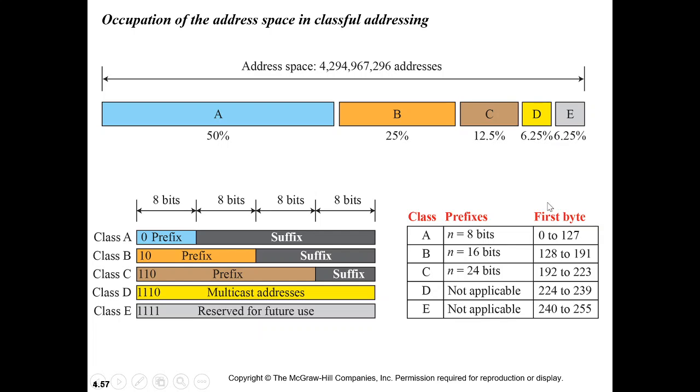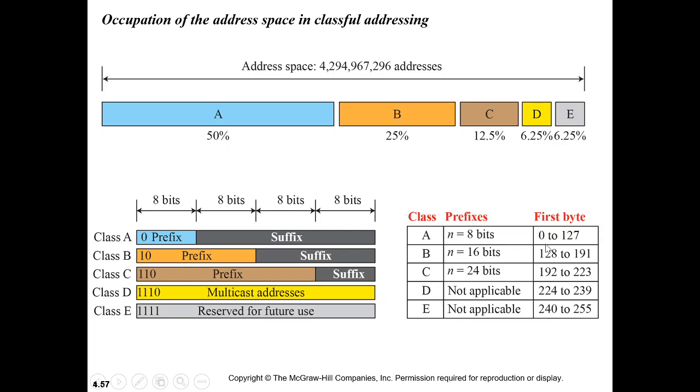Then see here this table. Class A prefix is 8 bits. The first byte of class A is from 0 to 127. For 8 bits, 2 raised to 8 means a total of 128 prefix values.